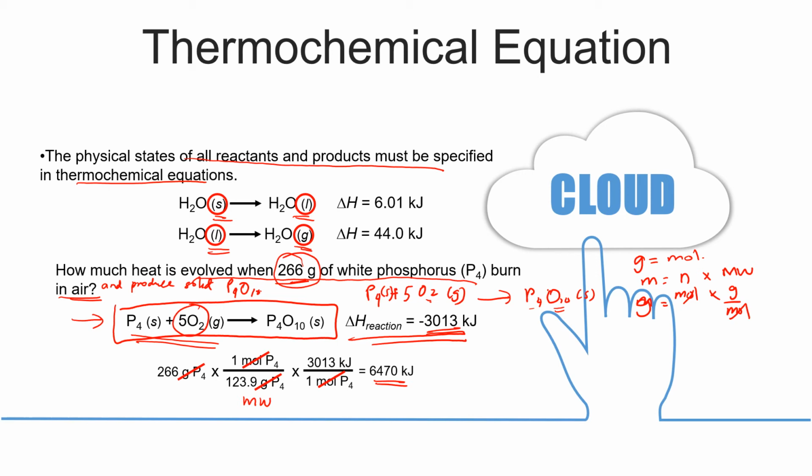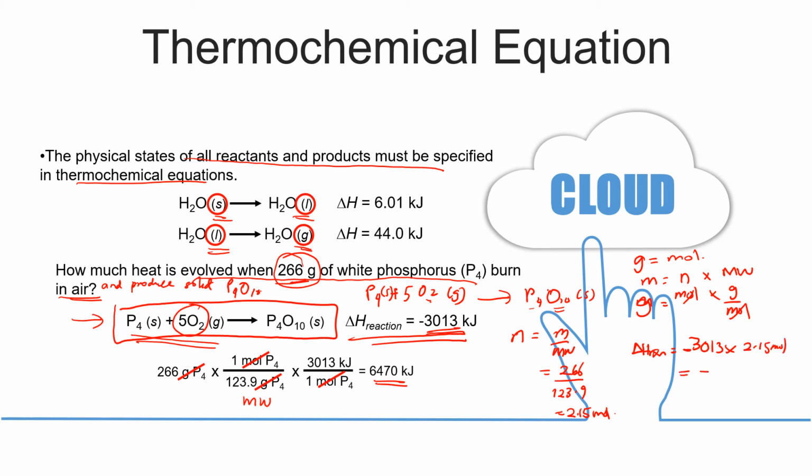Okay, dan satu kaedah lagi you boleh cari satu-satu. For example, you dah tahu N is equal to M over MW kan. So carilah N is equal to 266 bahagi dengan molecular weight untuk P4 adalah 123.9. So you akan dapat 2.15 mol. So dah dapat 2.15 mol, jadi you boleh kira delta H reaction is equal to 3013 darab dengan 2.15 mol.